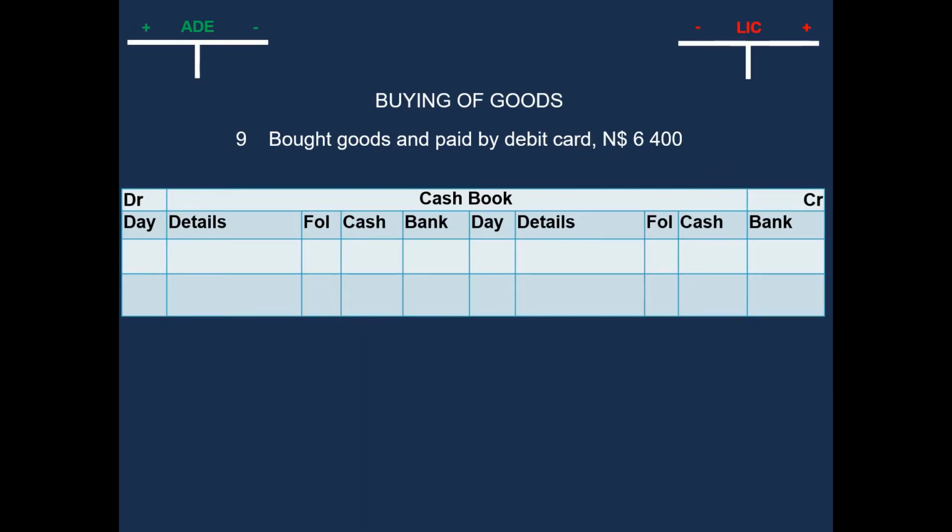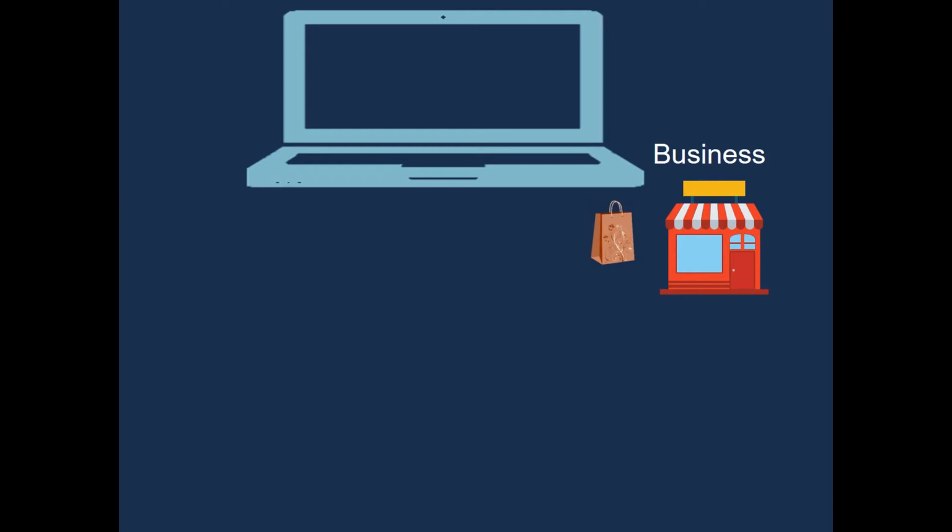Now the business had made purchases before this transaction, and our business had a balance of 50,000 Namibian dollars in the bank, but now a purchase was made of 6,400 Namibian dollars. Therefore the bank's balance reduced, and now the new bank balance is $43,600.